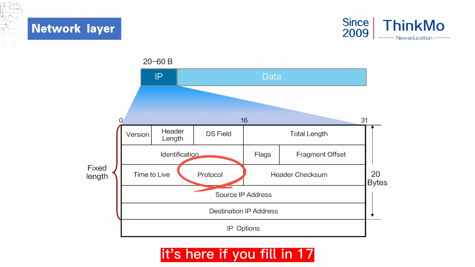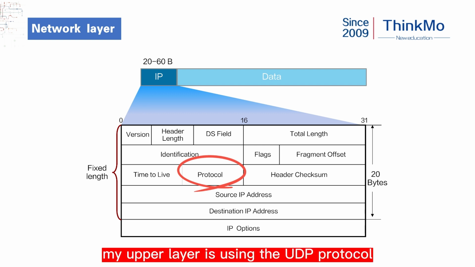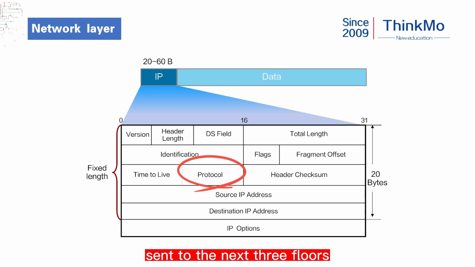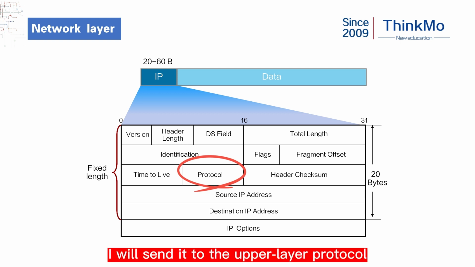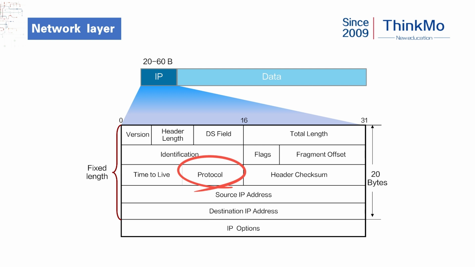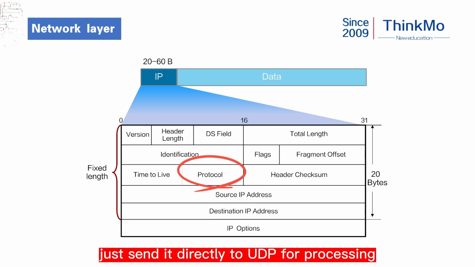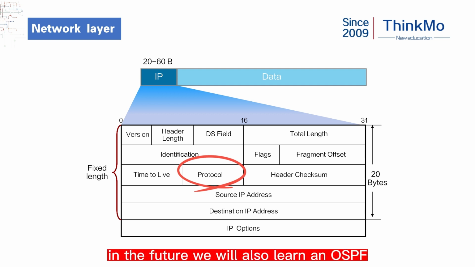If you fill in 17 here, it means that my upper layer is using the UDP protocol. Sent to the next 3 layers, after dismantling, I will send it to the upper layer protocol for processing, just directly to UDP. In the future we will also learn OSPF.